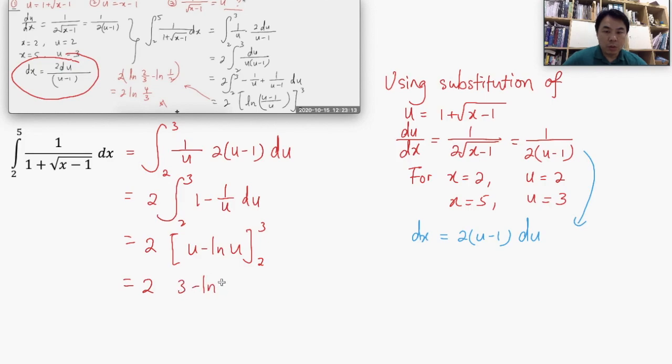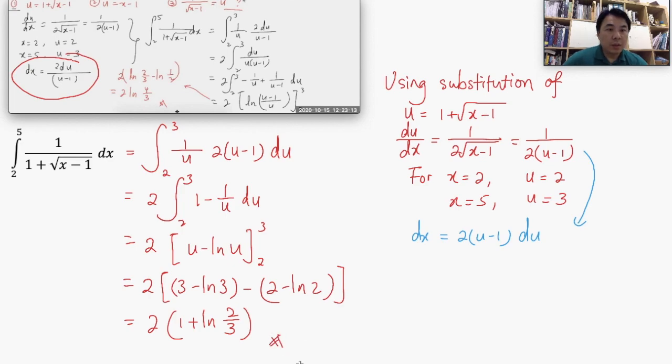So 3 minus ln 3, just let me put a bracket there, minus 2 minus ln 2. And then finally our answer would be 2 times 1 plus ln 2 over 3. So that's how the correct answer looks.